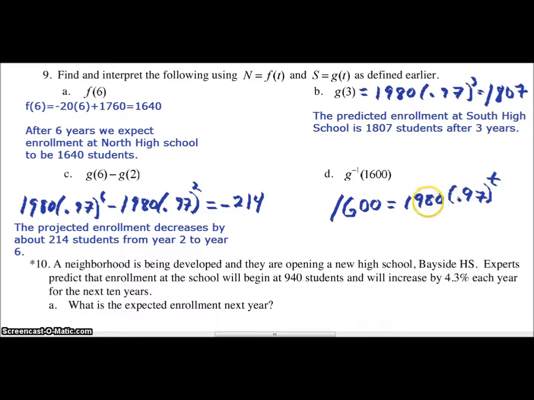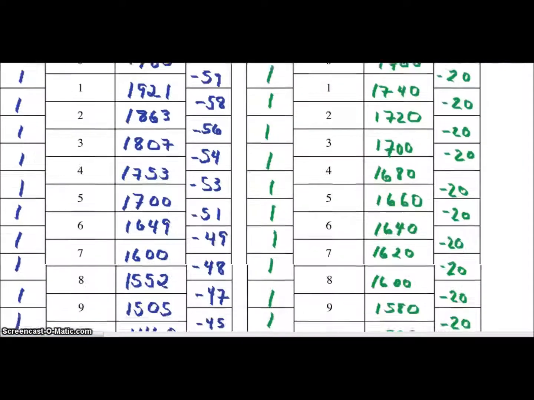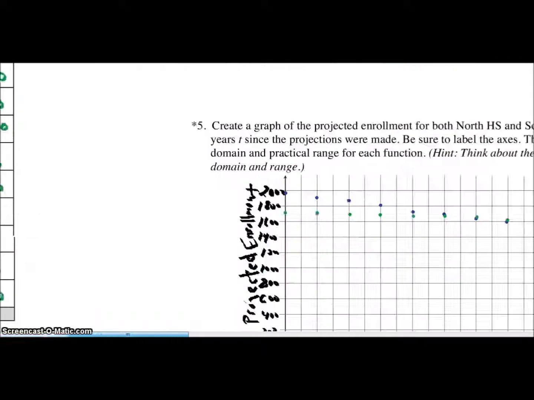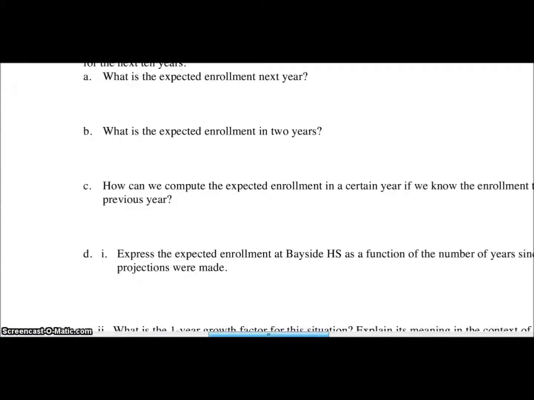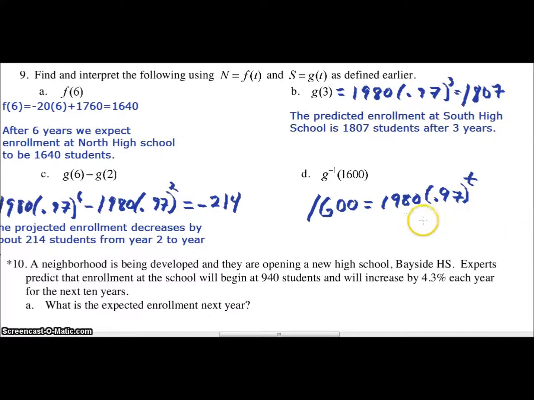And we need to find out what t is. One way we can do it is just to go look at our graph and sort of estimate. Actually, it tells us t is 8. So there you go. That was actually the table, not the graph. You could also solve that equation using a logarithm.